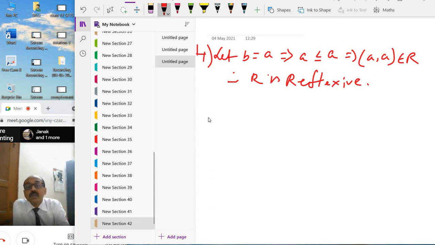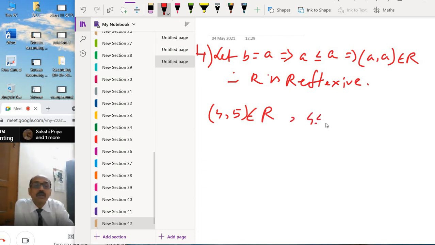So (4, 5) belongs to R because 4 is less than or equal to 5. Both 4 and 5 are present in the real numbers, so we can take them. The condition is satisfied.